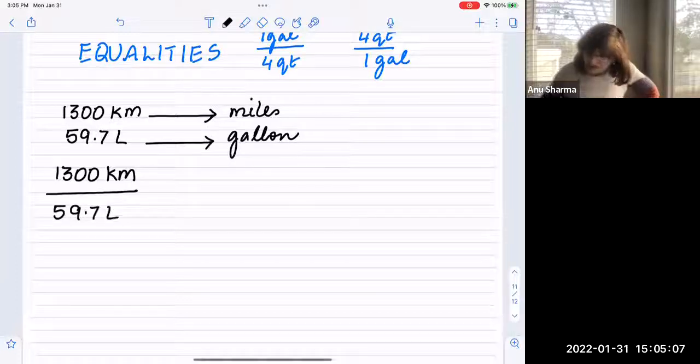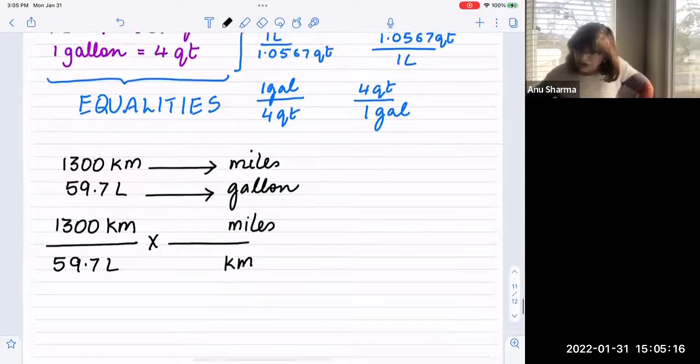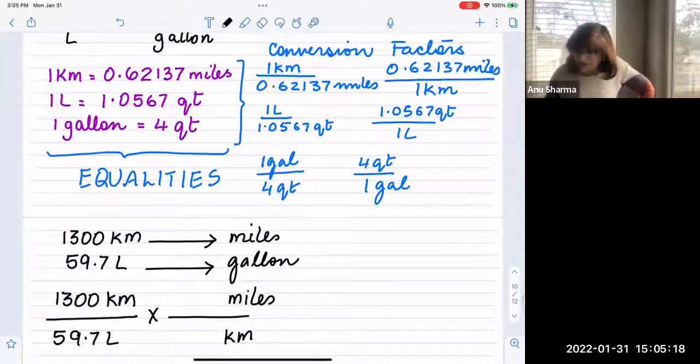Multiply by, let's convert the kilometers, get rid of the kilometers and convert to miles, because there is a direct relationship as we see in the equality. So that conversion factor we are going to use, in which the kilometers are canceling out and the miles remain in the numerator.